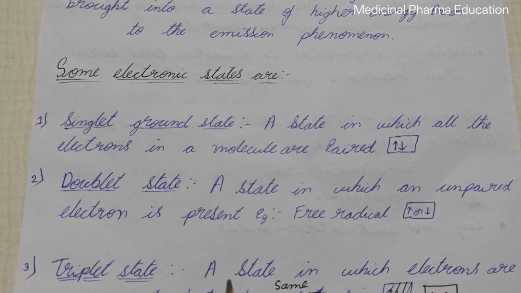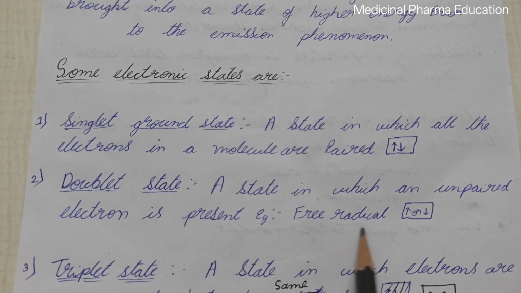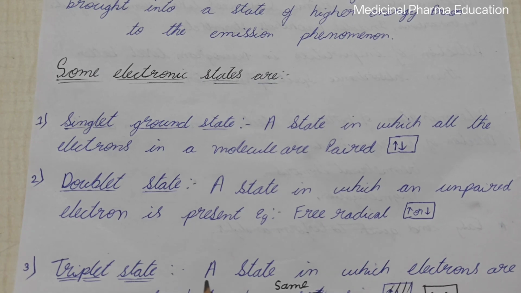Doublet state is nothing but a state in which unpaired electrons are present, also called free radicals. Triplet state is a state in which electrons are unpaired but in the same spin. Just see the diagrams, you can understand. That's it, same spin.